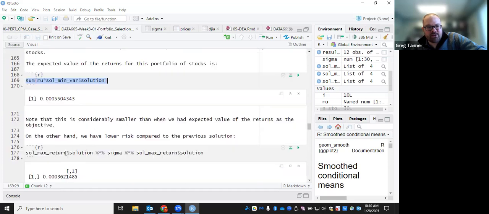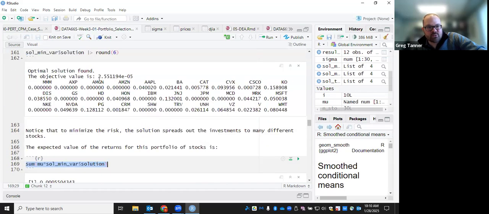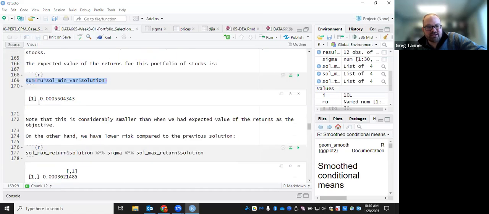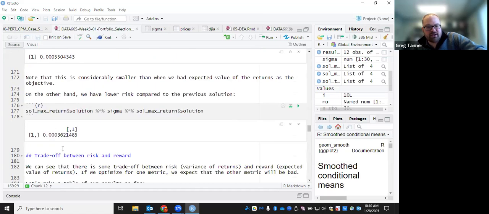But if we compare this risk, which is 2.5 times 10 to the negative fifth, to the risk when we put it all in 3M, we've reduced our risk from 3.6 times 10 to the negative 4 to 2.5 times 10 to the negative fifth. So probably over 10 times less risk than before.